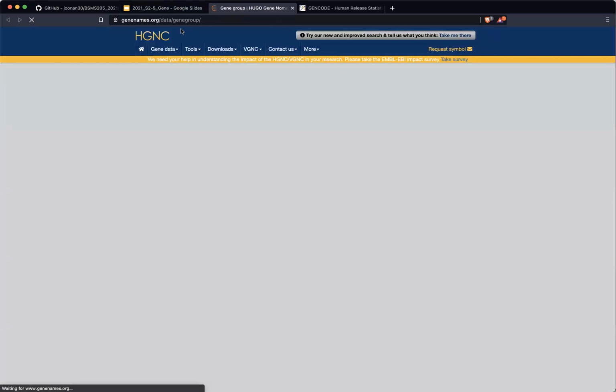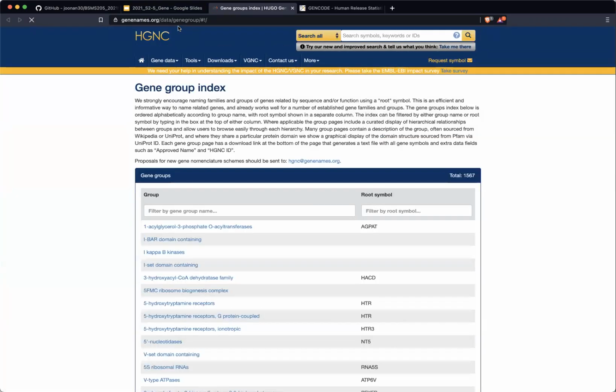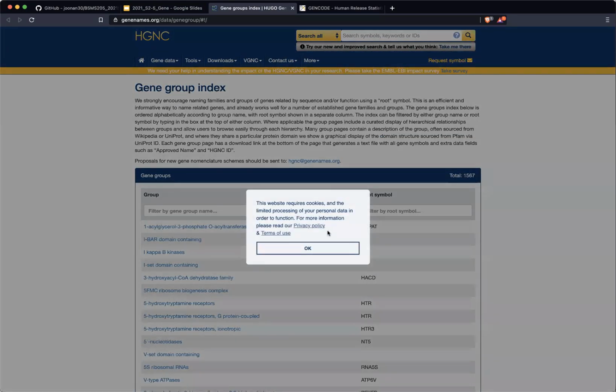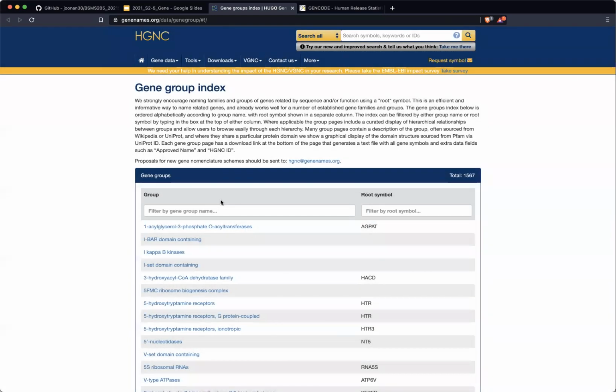Also, if you go into this database, you might wonder why there are so many databases in the field. Everyone wants to be ahead, so people make different databases, looking at different aspects of the same topic, in this context, the gene.